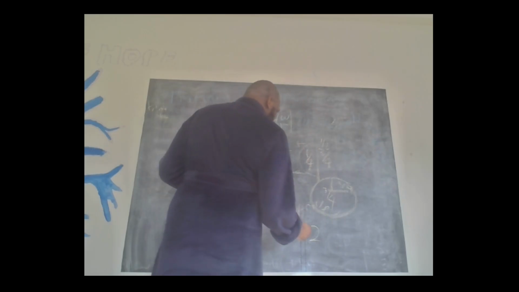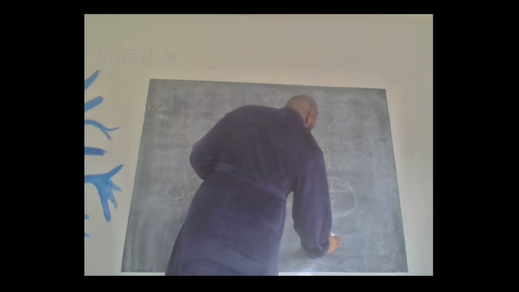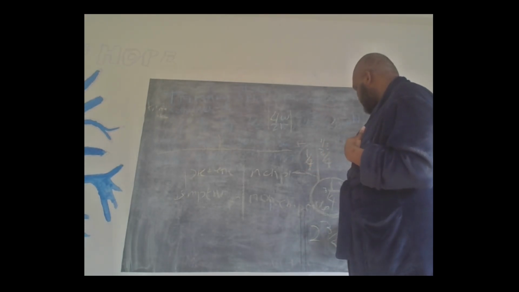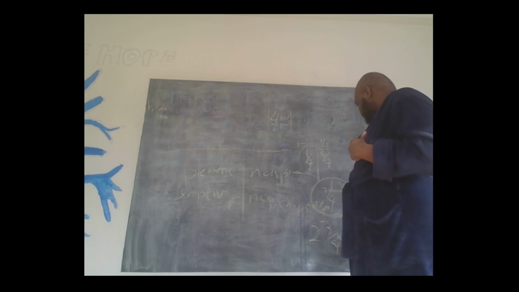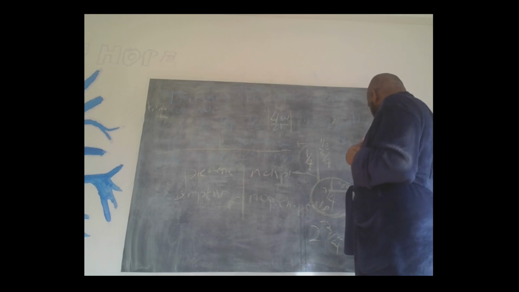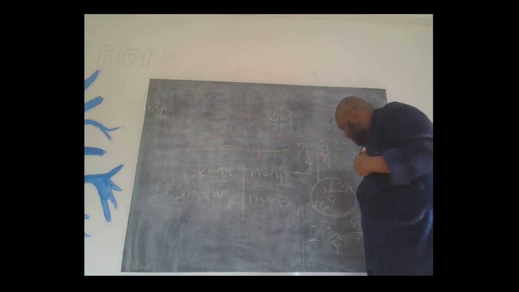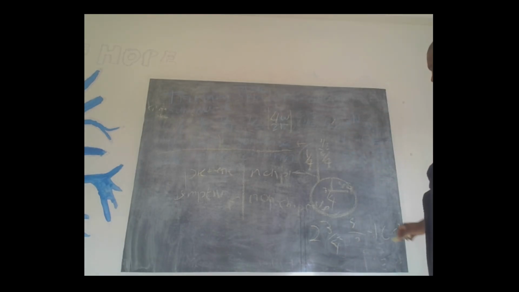Then you have two other measurements of 2 times 3 divided by 4, which will be 2 times 4, which is basically 8. 2 times 4 is 8. 8 divided by 3 is 1.6, 1.667.